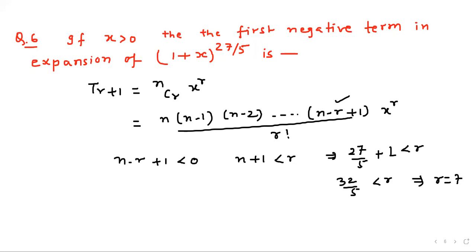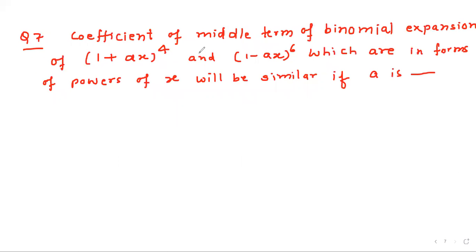Now let's see the next question. The coefficient of the middle term of the binomial expansion of (1 plus ax) power 4 and (1 minus ax) power 6, which are in forms of power of x, will be similar if a is. So here we are given (1 plus ax) power 4.